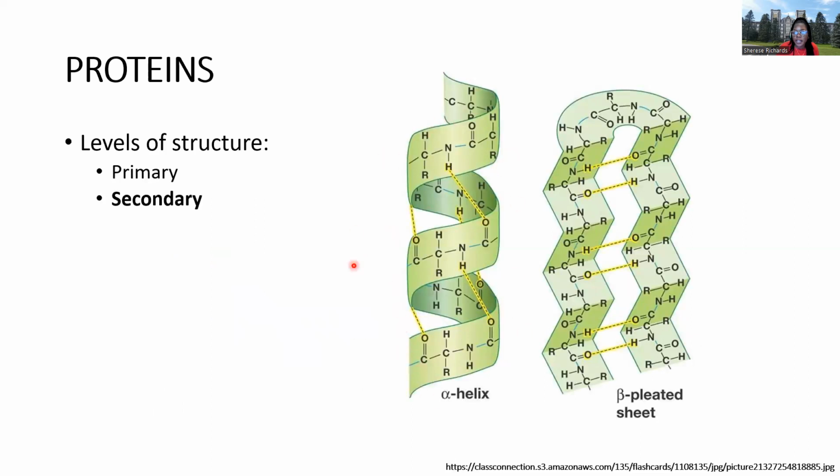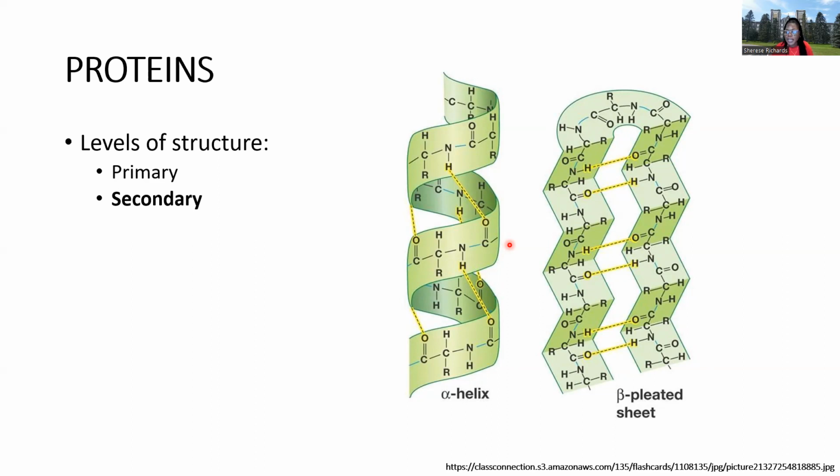An alpha helix is where the amino group and the carboxyl group form cross linkages or cross bonds that begin to coil this chain into what we call an alpha helix. This adds a second layer onto the structure of this protein, which is that coiling of the peptide bond to create this alpha helix.